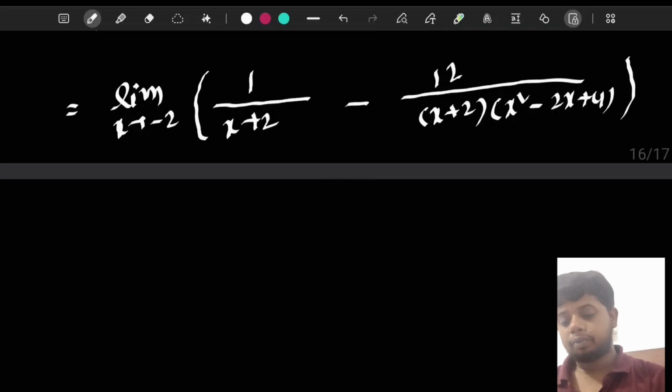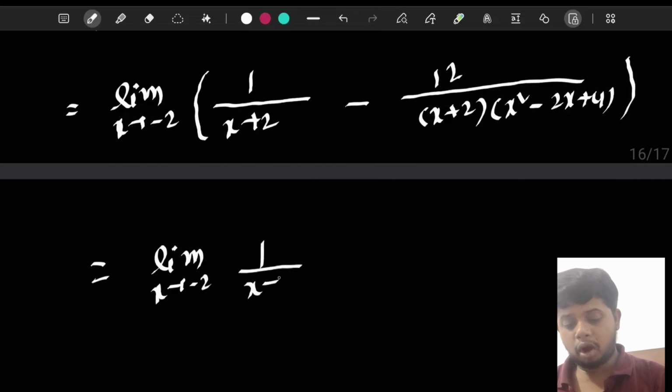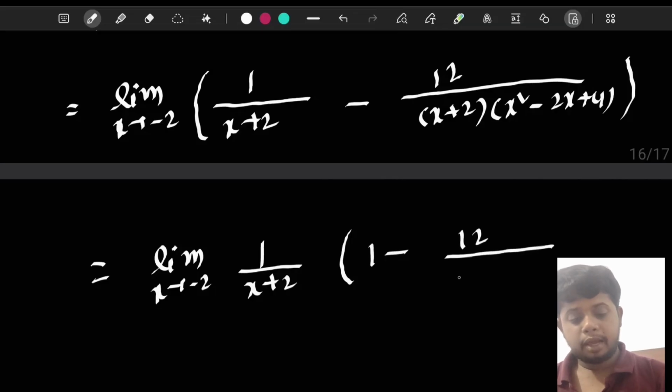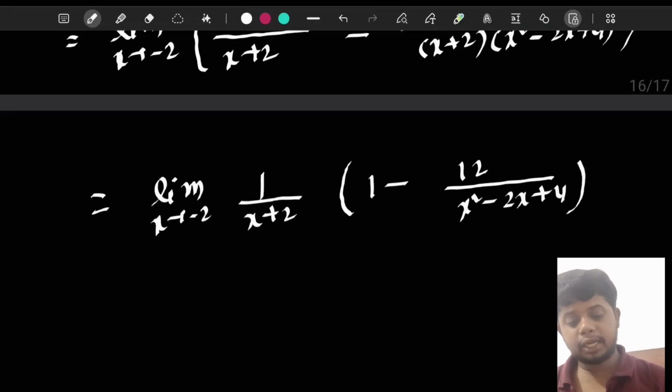Now let's take common 1 by x plus 2. So limit x tending to minus 2, I'll take 1 by x plus 2 common, and I'm getting here 1 minus 12 by x square minus 2x plus 4. Now let's take LCM.